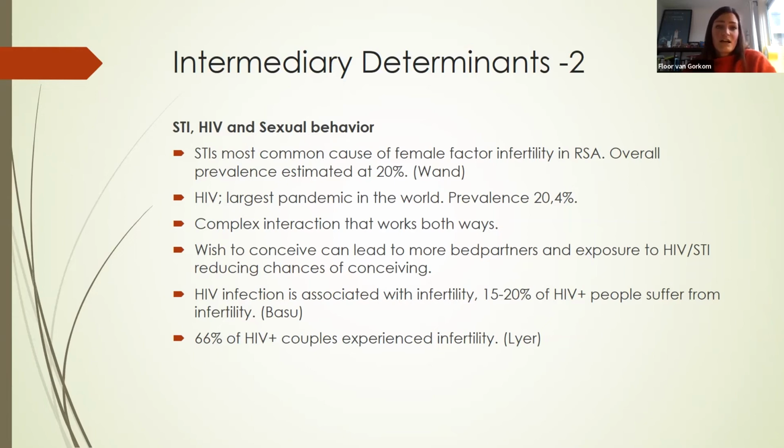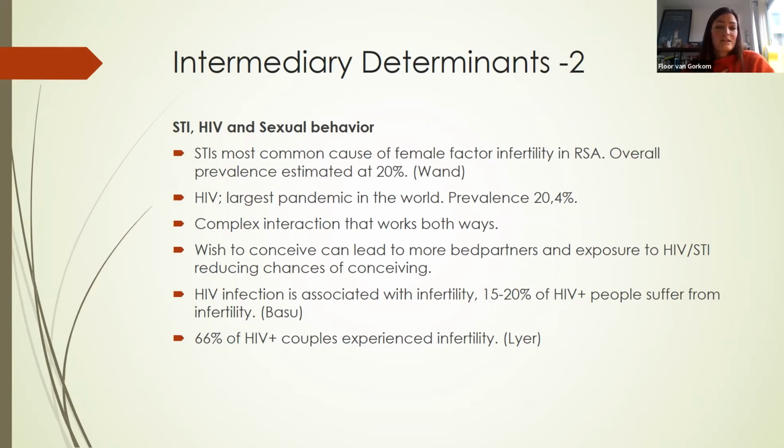STIs have a prevalence of about 20% in the population, and they're seen as the most common cause of female factor infertility in South Africa. Another very important one is, of course, HIV. South Africa faces one of the largest pandemics in the world, with a prevalence of 20.4%.